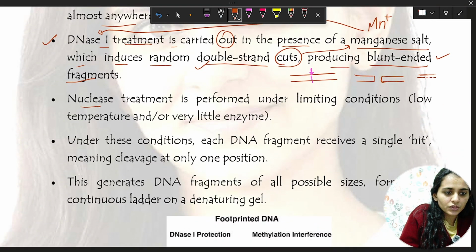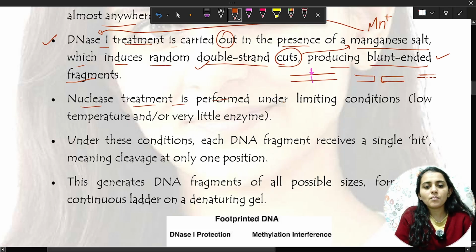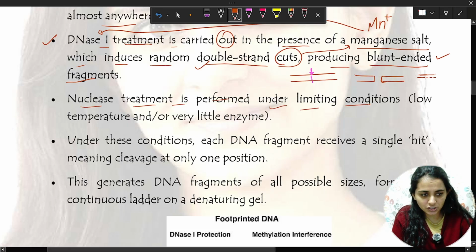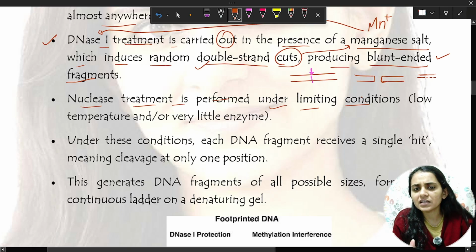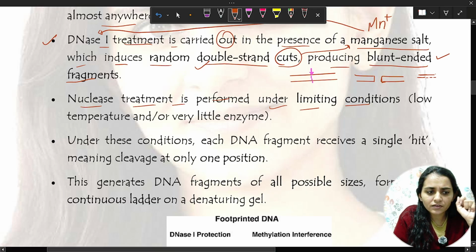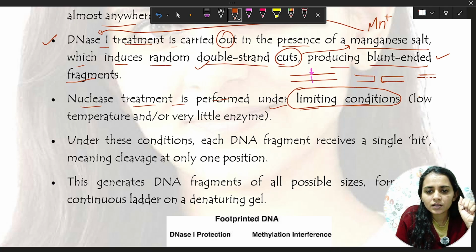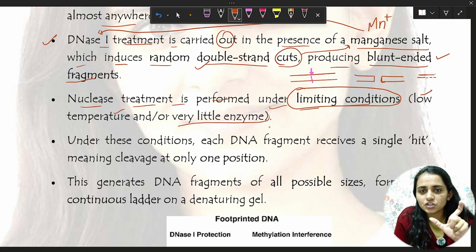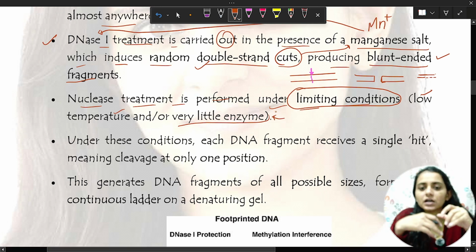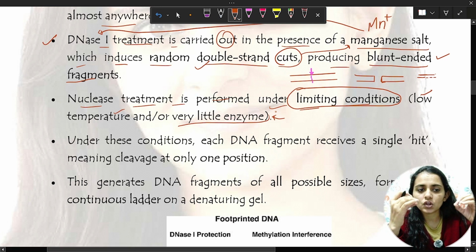Now the nuclease treatment is performed under limited conditions. Because it can cut anywhere in the DNA sequence, there is less specificity. That's why we use limited conditions, low temperature and a very little amount of enzyme. We cannot make so many fragments, which is not our ideal way to study this.